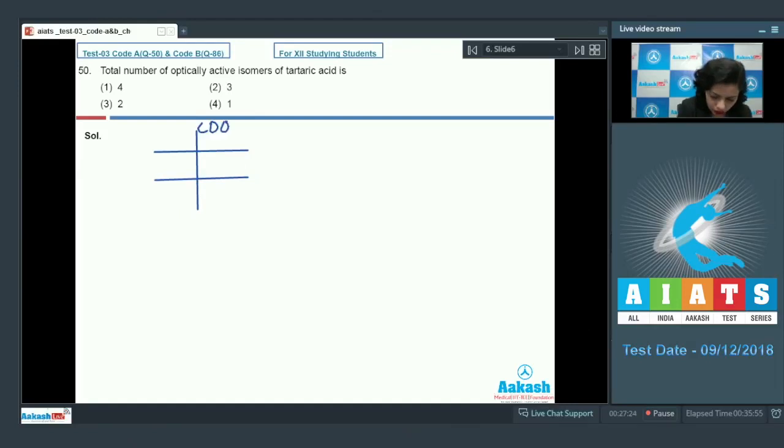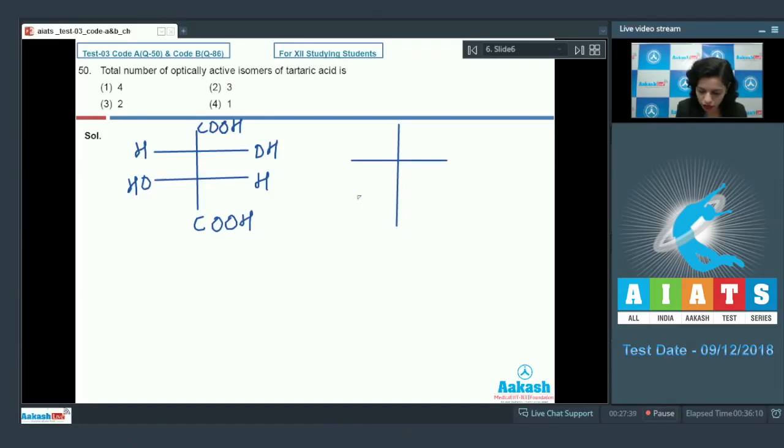Here would be this carboxylic acid group. This is the first isomer. Further, the second one. In a similar manner, I can simply draw it. This is the second one, and we can easily identify the chiral centers here.